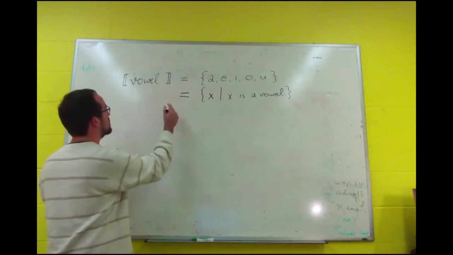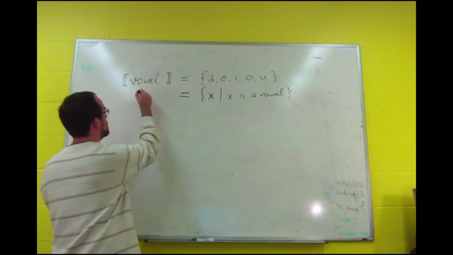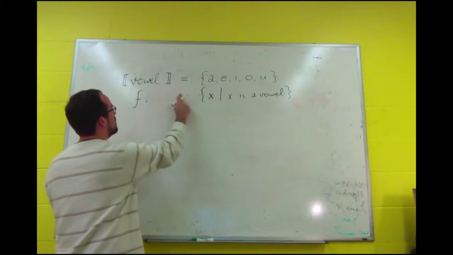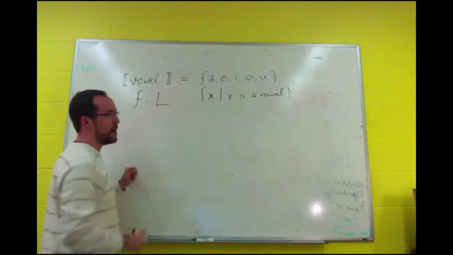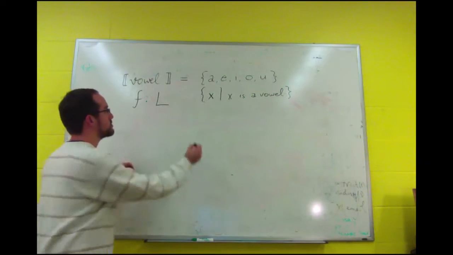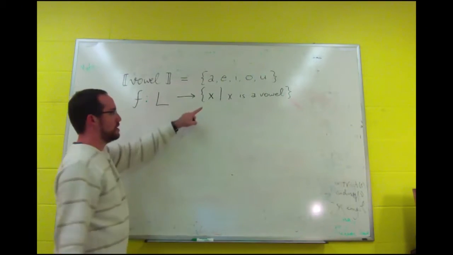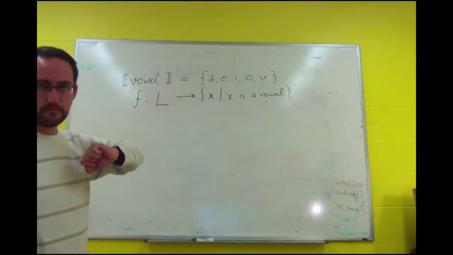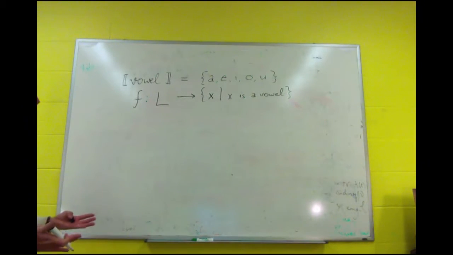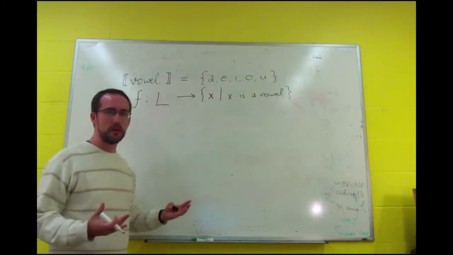Well, let's say we have a function, let's call it F, and we'll say that it maps from L, the set of letters, to the set of vowels. Right. Does that work? Well, how would that work?